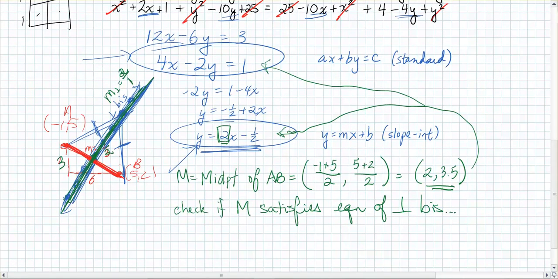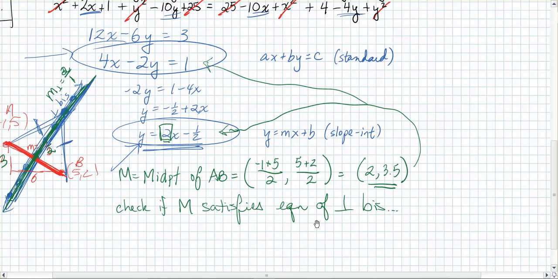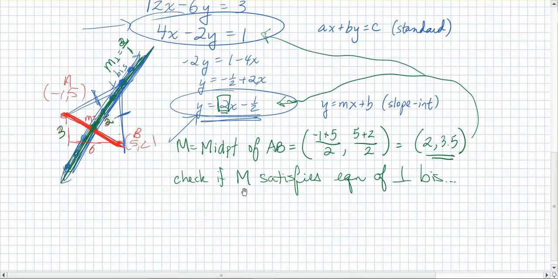Let's do the slope-intercept since we already work with that. So y equals, M is this point. So I'm going to take 2 for the x and 3.5 for the y. And I'm going to question whether or not that's true.